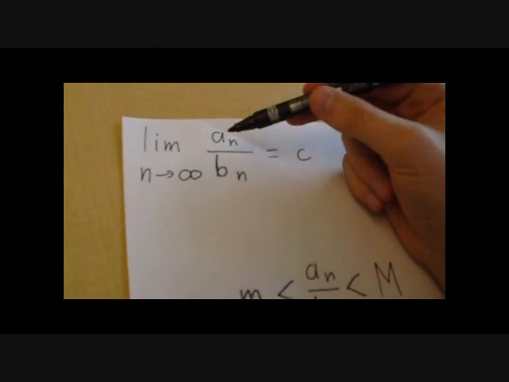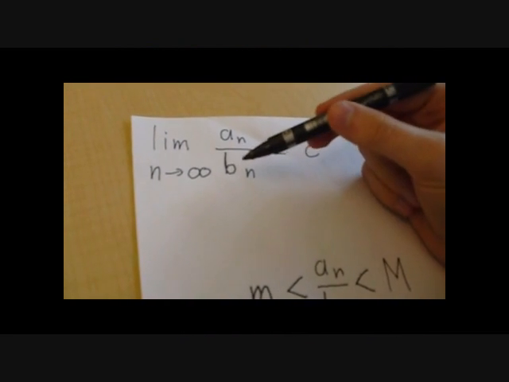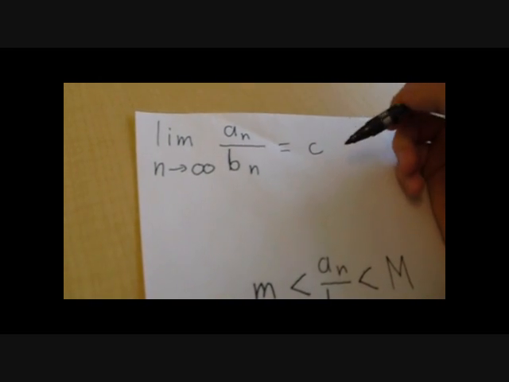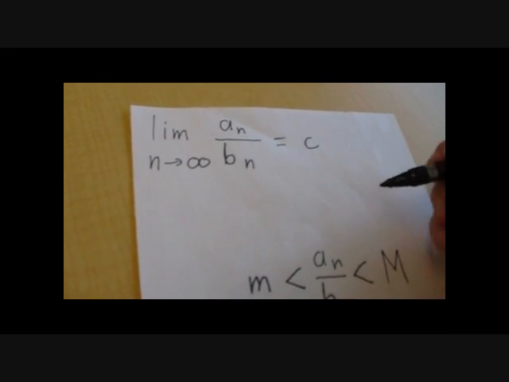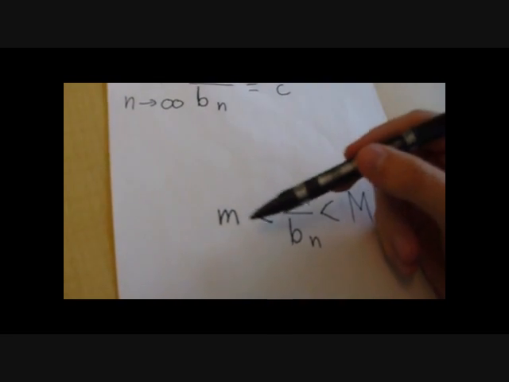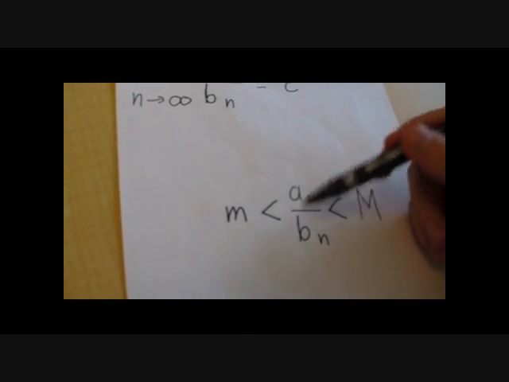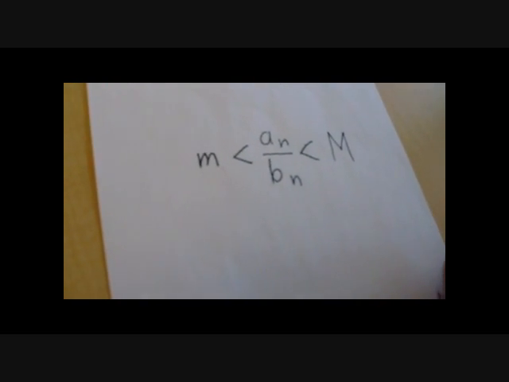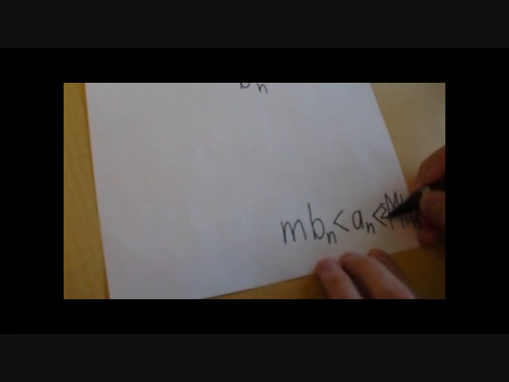So we have the series an over the series bn as n tends towards infinity, and that can be equal to c. Now we can squeeze this value between the values of little m and big M, and then manipulate this to get m bn is less than an is less than big M bn. Now, if the series bn is convergent, then the series m bn is going to have to be convergent as well, because no matter what the coefficient m is, it cannot affect the convergence of the series.